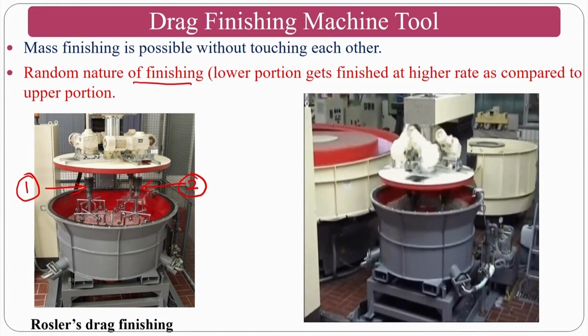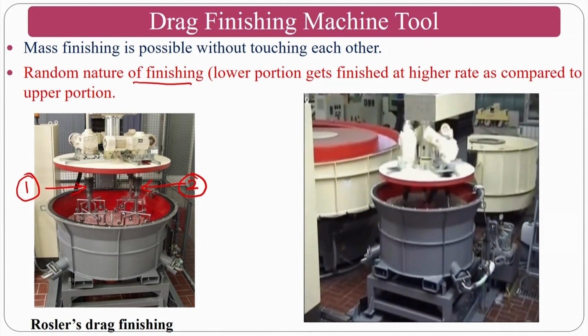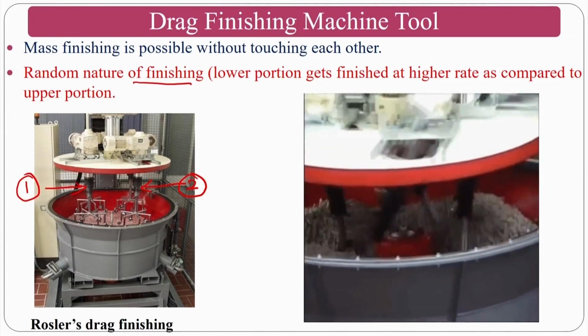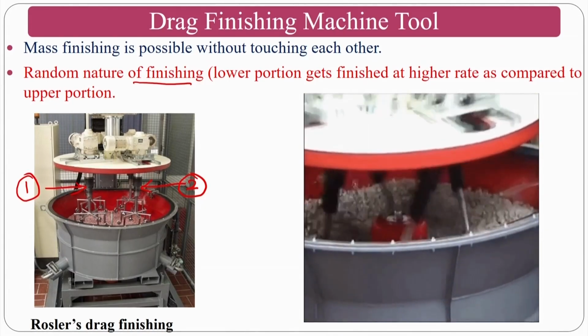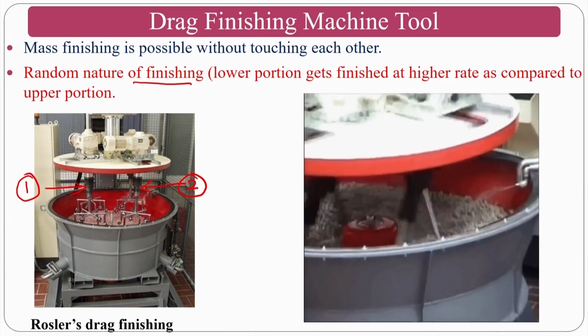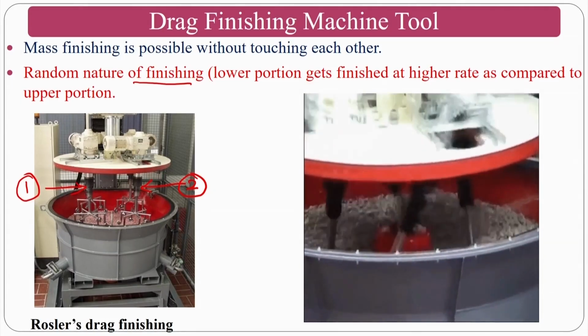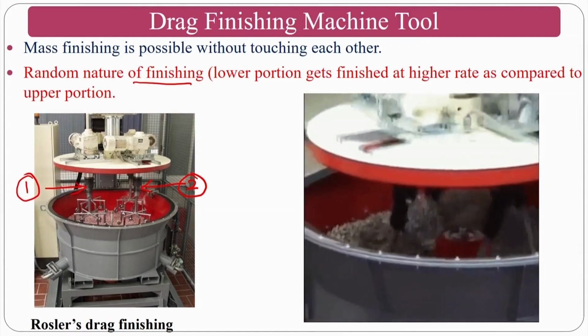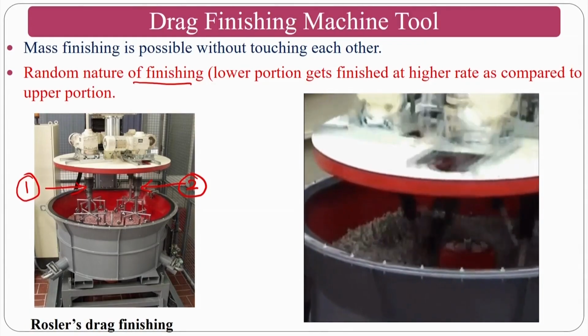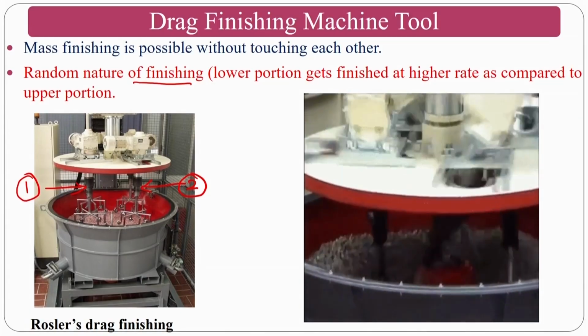If you see the video, the abrasive particles are continuously interacting, and you can see the zoomed version also, how the abrasive particles are interacting with respect to the implant. Okay, these implants are continuously rotated by the motors which are there on the top.